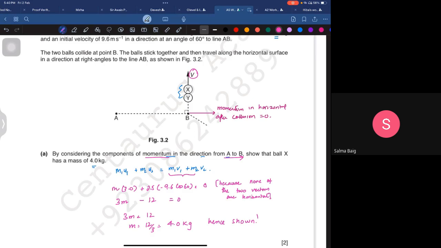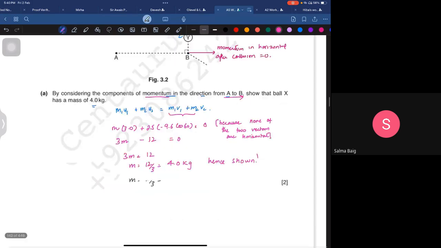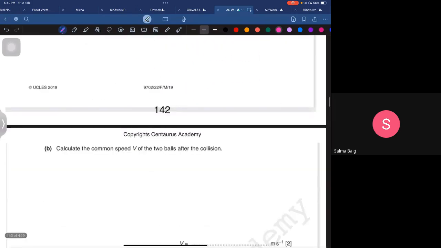Now, obviously, as you can see, it is going upwards. That makes it vertical, right? So now we need to take momentum conservation in vertical direction. This is what you could take now.